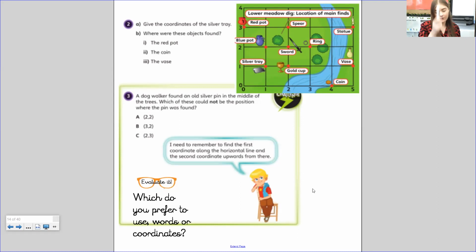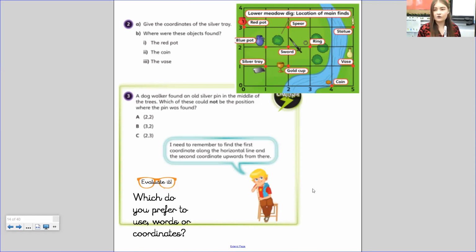Before the end of this video, we're going to have that as sticky learning in our minds, because the main mistake that we make when we do this is that we do up and then along, and that's the wrong way around. So the more that I get that stuck in your heads, the less likely we are to make those mistakes, because it is probably the main reason that we make mistakes when we do coordinates that I've ever noticed, is because we just get them the wrong way around. And it's something that we can fix so easily by me getting it stuck in your heads. So my turn, along the corridor, up the stairs. Your turn.